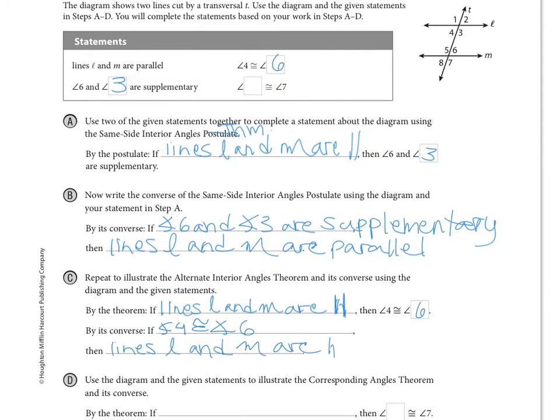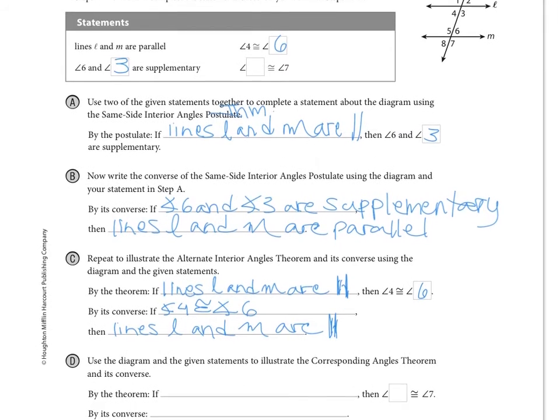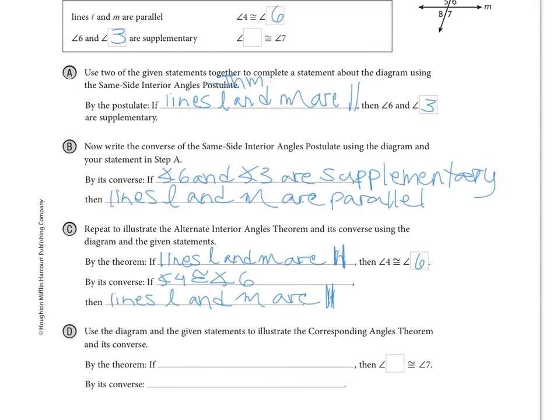And then finally, one other final statement, you can probably guess, we've talked about same side interior angles, we've talked about alternate interior angles. Another one of our theorems has to do with corresponding angles, as you can see here. It says use the diagram and the given statements to illustrate the corresponding angles theorem and its converse.